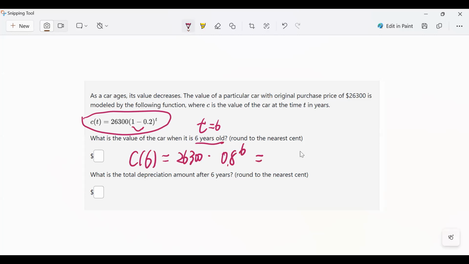In this case, we have to use a calculator. This is definitely a calculator problem: 26,300 times 0.8 to the 6.